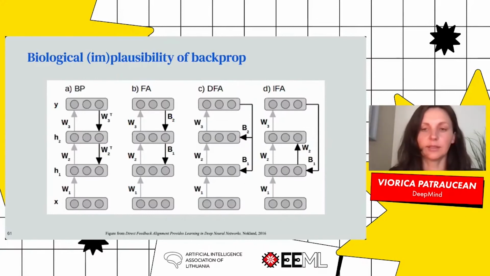As I've shown, it relies on global propagation of error signals through symmetric weights. That is, the backward pass uses the transpose of the weights involved in the forward pass to compute weight updates. These symmetrical weights and the blocking of computation to propagate the error from top to bottom are not biologically plausible.